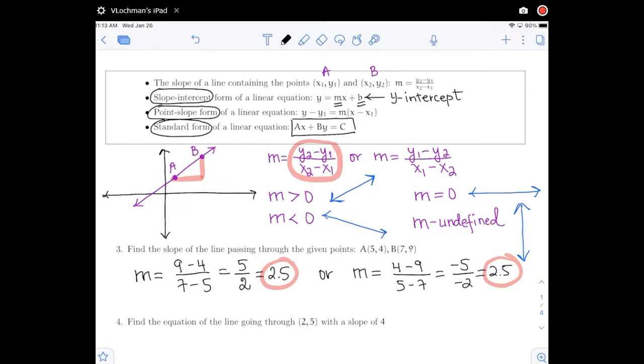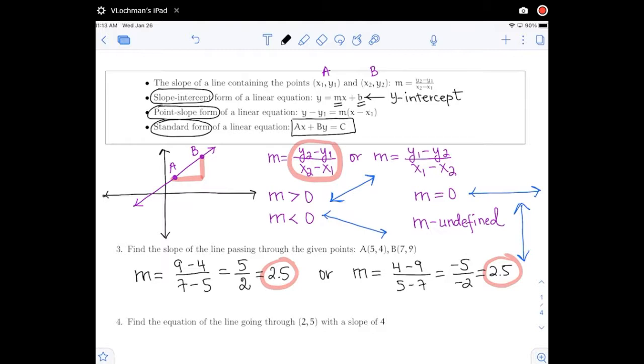You might not have seen this form, but we introduce it now because eventually we will extend this equation into an equation of a plane in calculus 3, where we will have more than one variable. It's not very commonly used, but it's good to be introduced to this terminology.